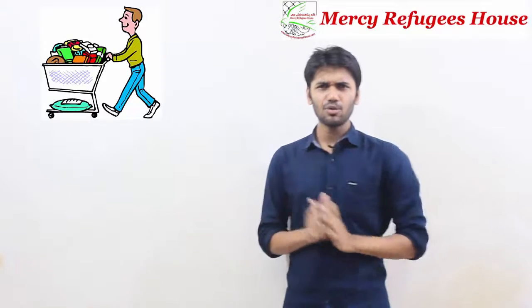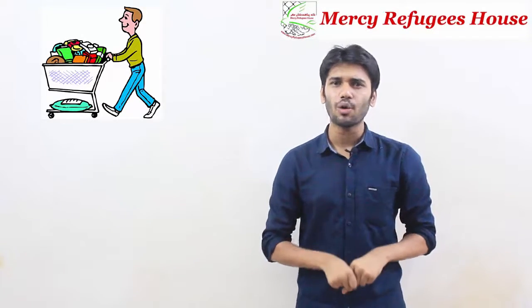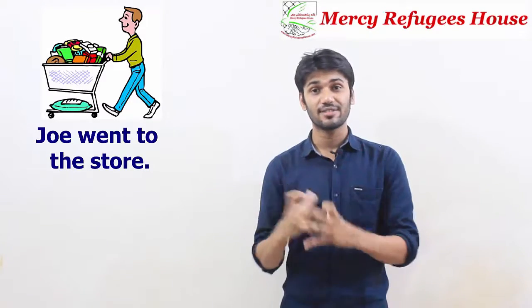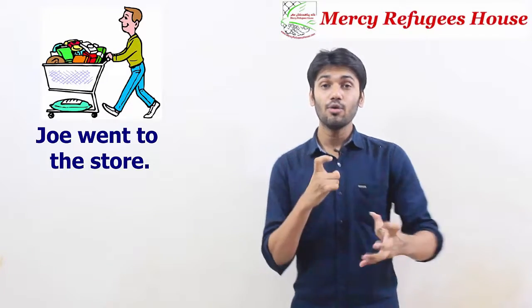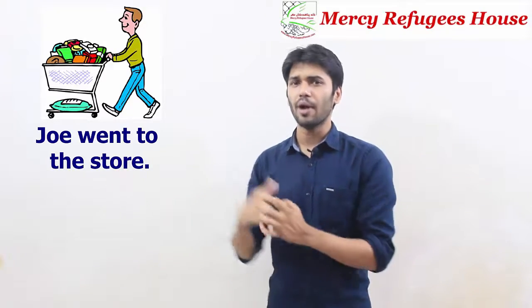I hope this gets pretty clear now. Look at the picture, what you can see. This guy, he is pushing a trolley, a shopping trolley. He went to the shop or the store to buy some grocery perhaps. Now look at this. He is pushing a trolley. Joe went to the store.